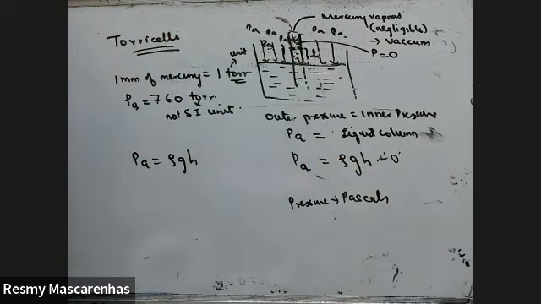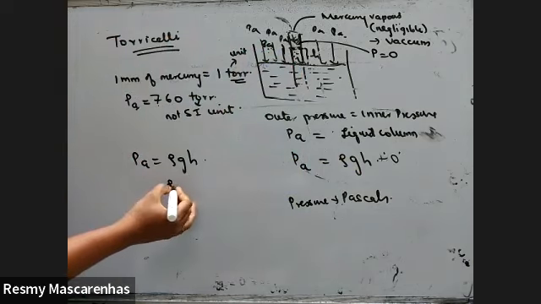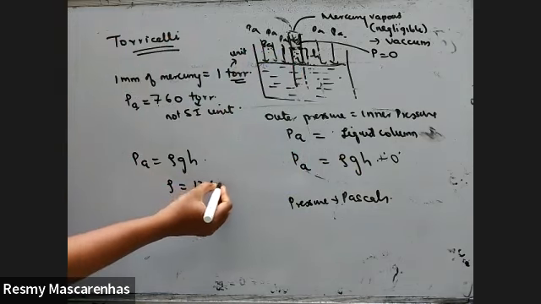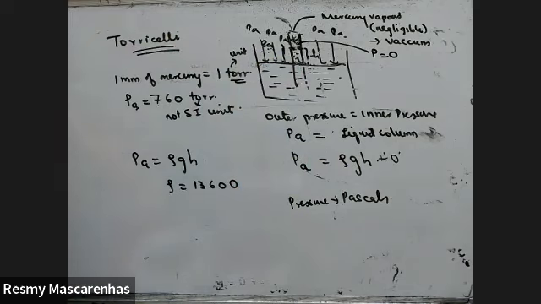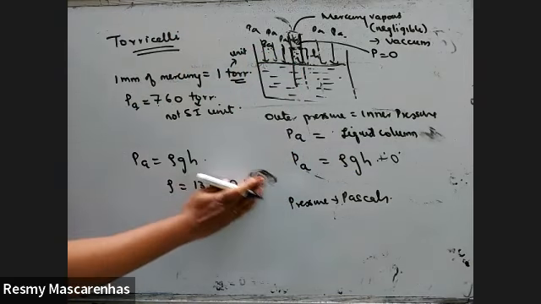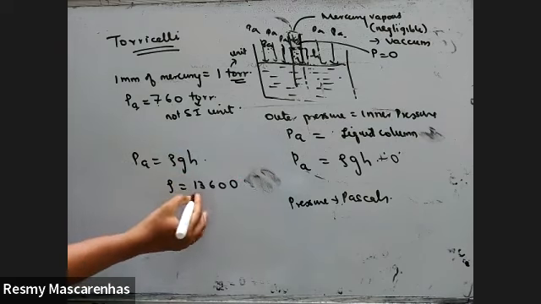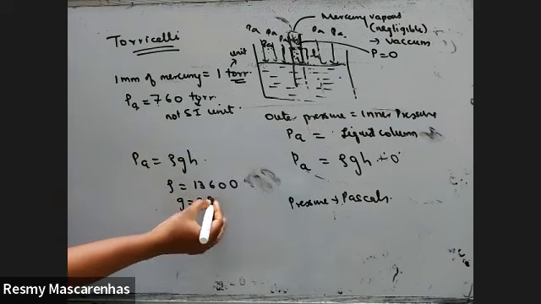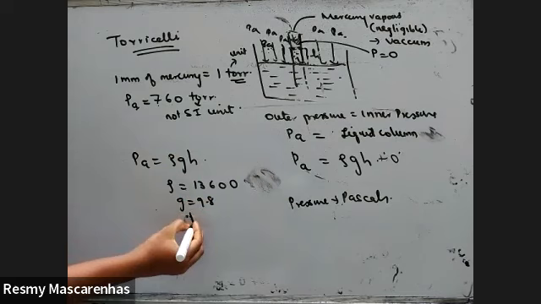So the density of the fluid he took as 13600 into 9.8. Okay, substitute here now. Anyway, g is 9.8 and height we have just seen, that is 0.76.